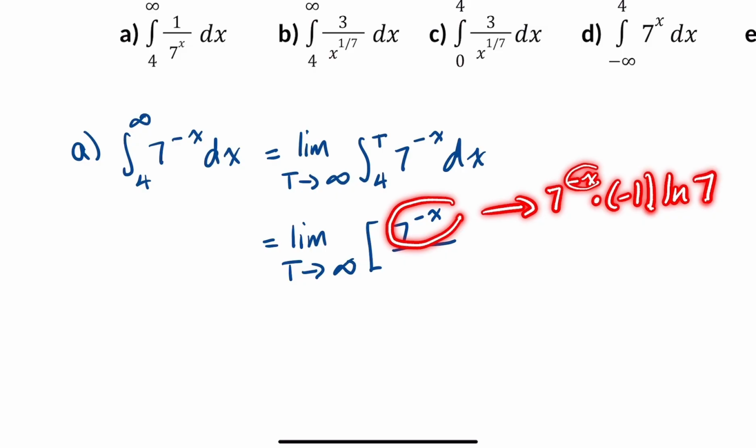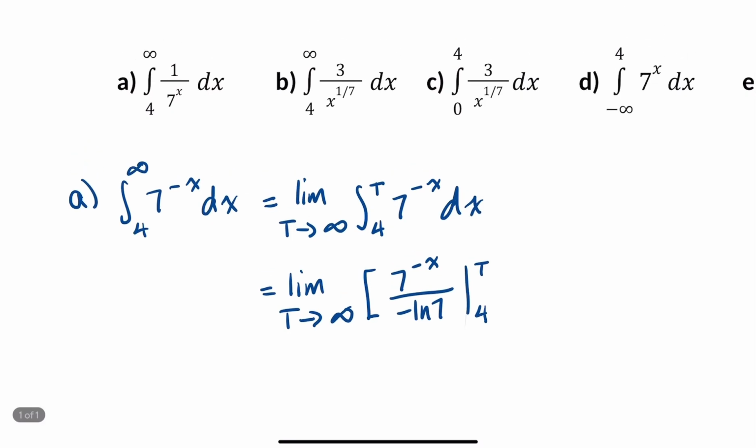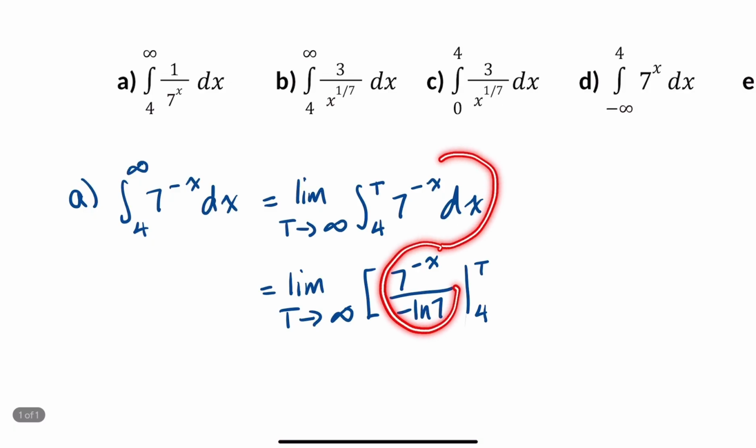And as you can see, here we do not have a negative sign out in front, and neither do we have a ln 7. So in order to compensate for that, we need to divide by negative ln 7 here. And this will be evaluated when x is equal to t and when x is equal to 4. And if you don't believe me, take the derivative of this and you're going to get back to here.